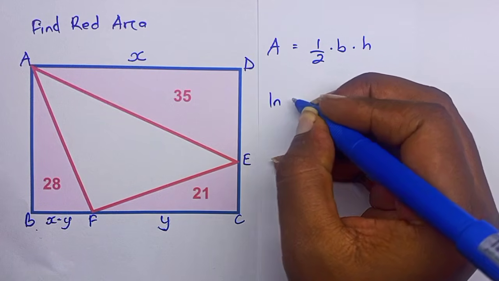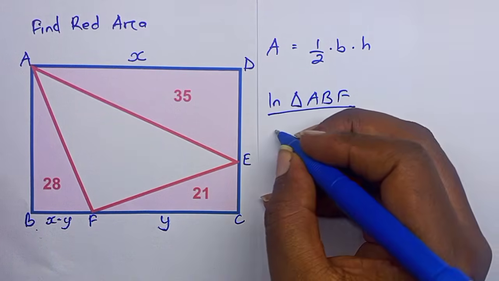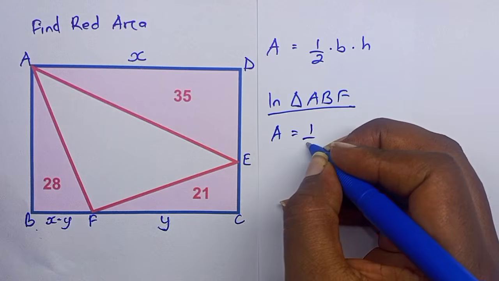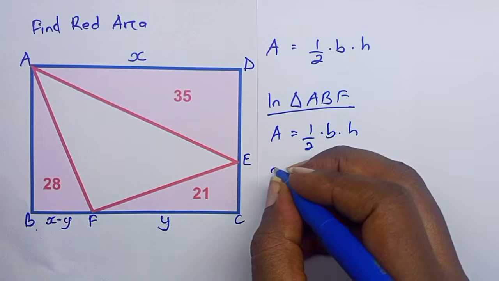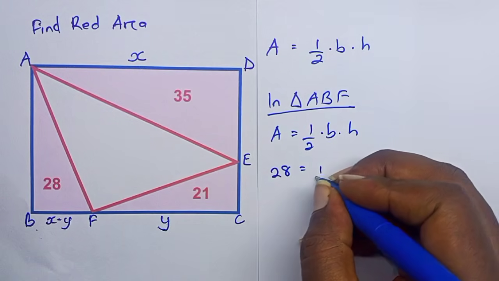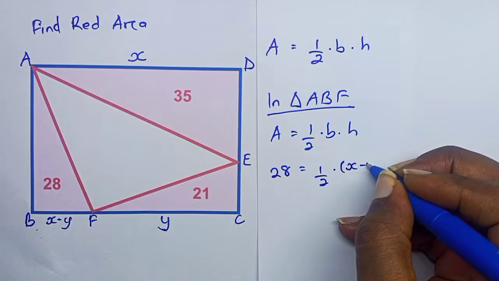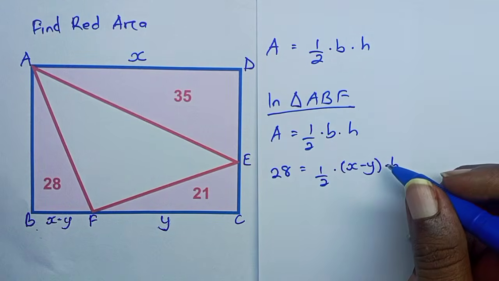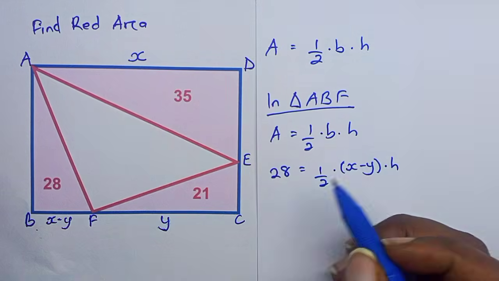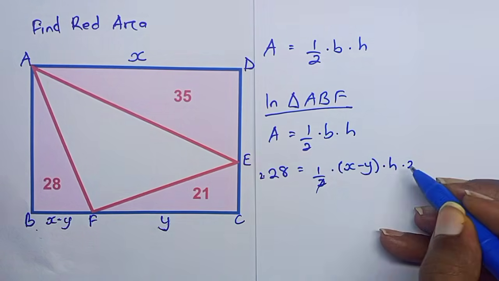So in triangle ABF, area is a half times base times height. We know that area is 28, so 28 is a half times the base, which is x minus y, times the height, which we don't have. So we shall multiply by 2 on both sides to get rid of this 2.